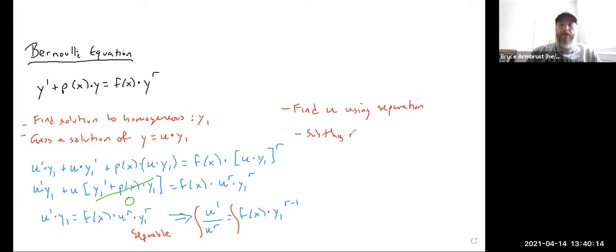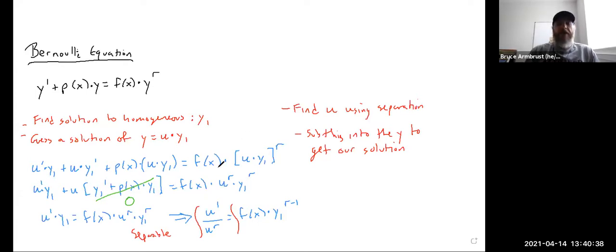So I'm going to substitute this into the y. So very procedural, just like all the others. It's just a different process. Okay, so here are our steps. This is what we're going to do. So let's do it.